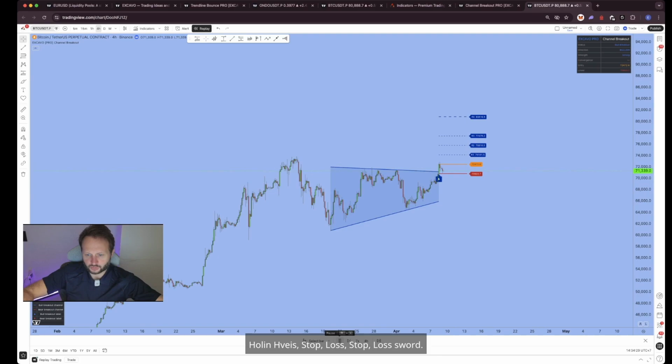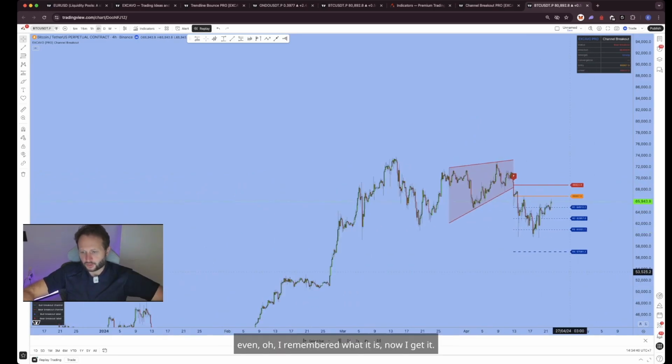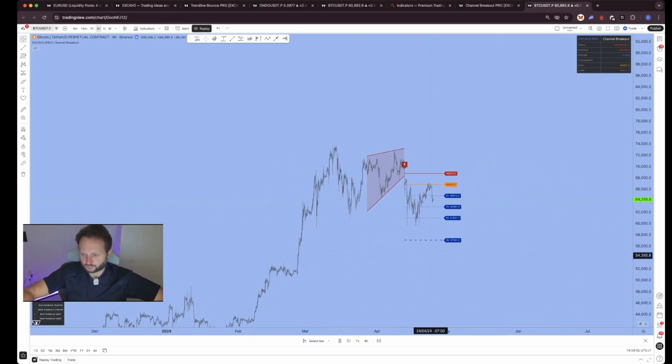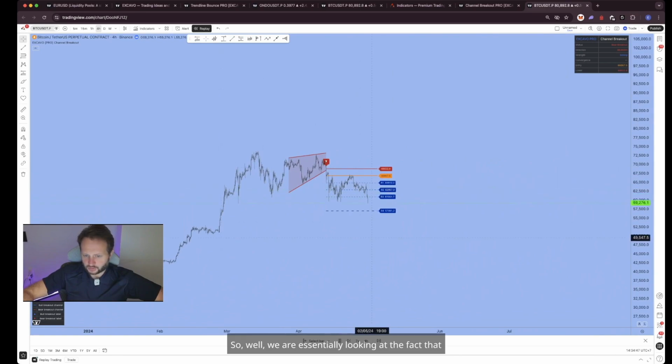It seems to be a very significant discovery for them. This isn't a stop loss, it's some kind of execution even. Oh, I remembered what it is. Now I get it. We are essentially looking at the fact that there is some form of execution happening right now.